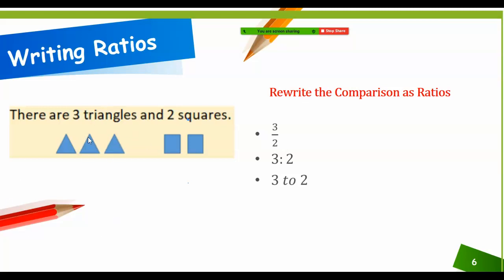So 3 triangles, the 3 always comes first, and the 2 always comes second. So it's 3 over 2, or you write 3 to 2.